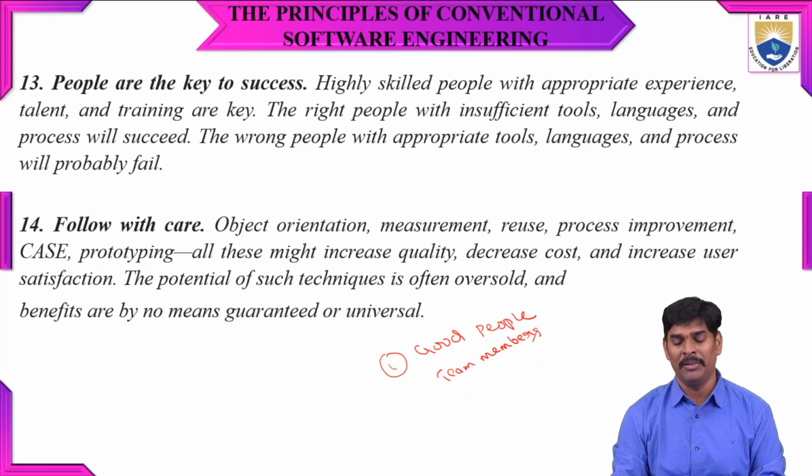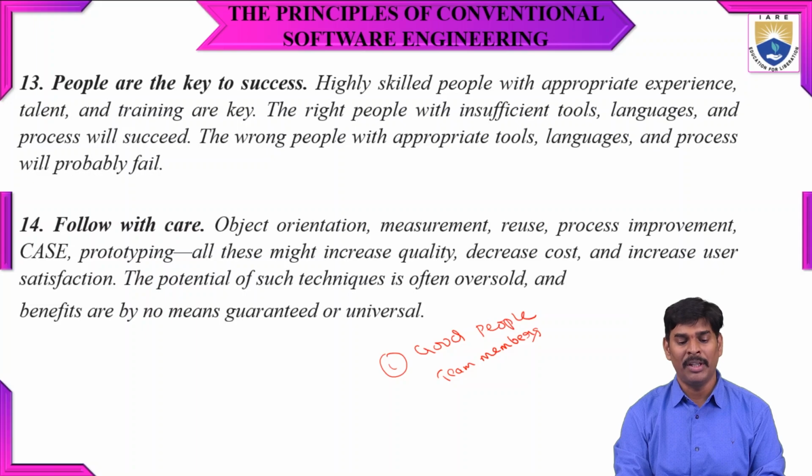For example, if you take the right people but give them insufficient tools and languages, then definitely they cannot succeed here. We need to provide the proper resources to the right people.